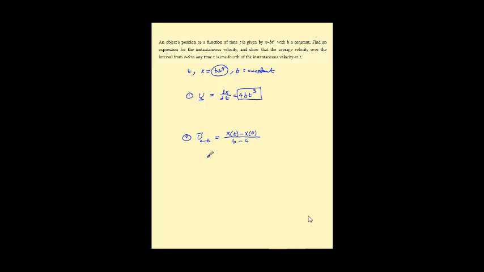Now, x of t is bt to the fourth, and x of 0 is b times 0 to the fourth, divided by t. This is equal to bt to the fourth divided by t, and this is equal to bt cubed. And actually, this is 1/4 v instantaneous. So v average is equal to 1/4 v instantaneous.